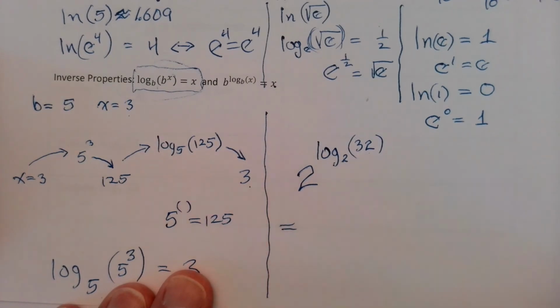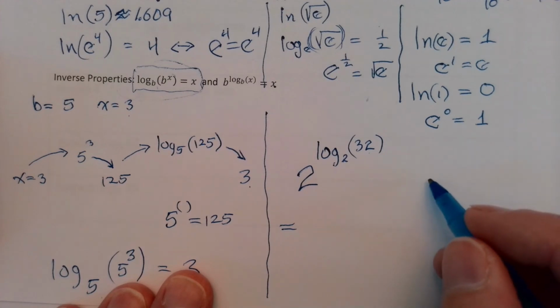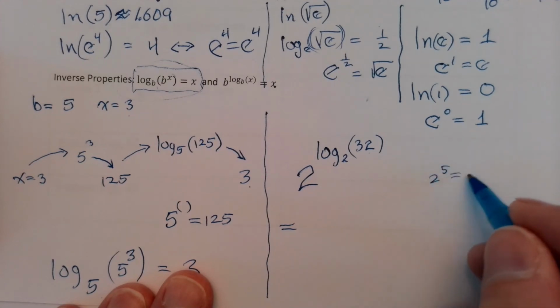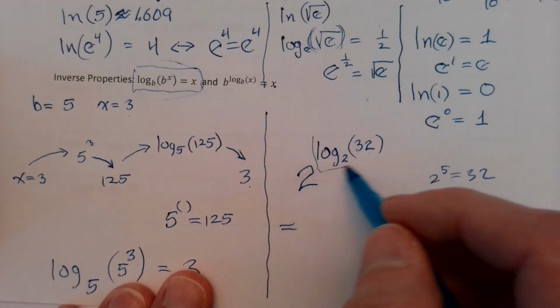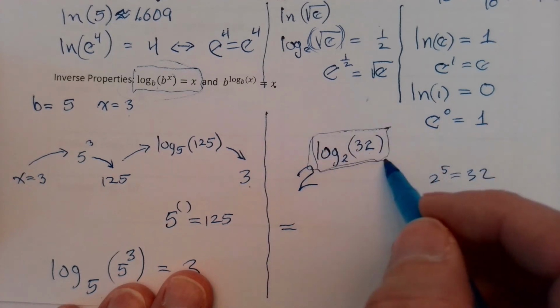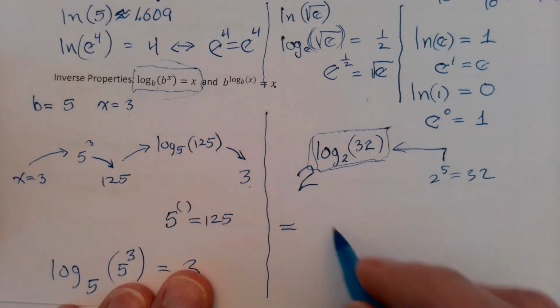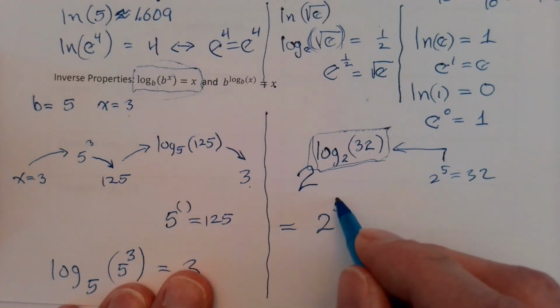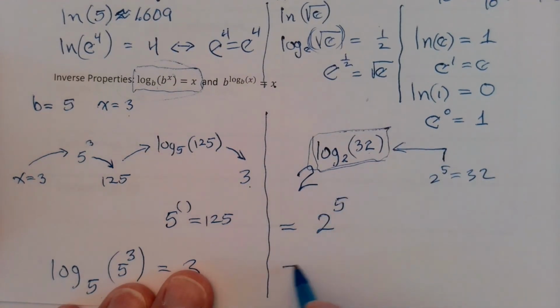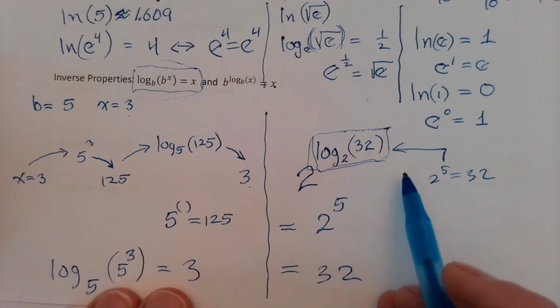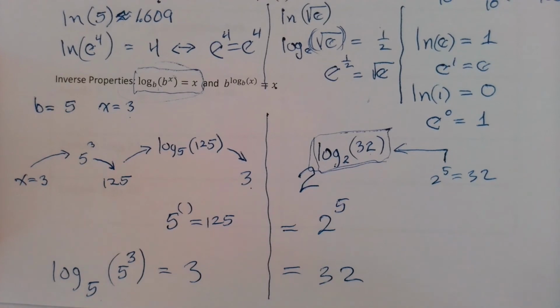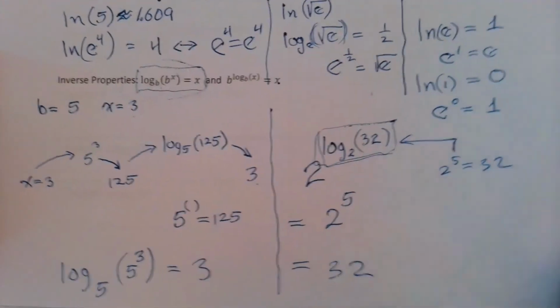The base 2 log of 32 is 5 because 2 to the 5th power makes 32. So this part of the problem is just the 5. So if I substitute, I get that. And then if I take 2 to the 5th power, I get 32, which is exactly where I started. So, indeed, base b logs and base b exponentials are inverses.